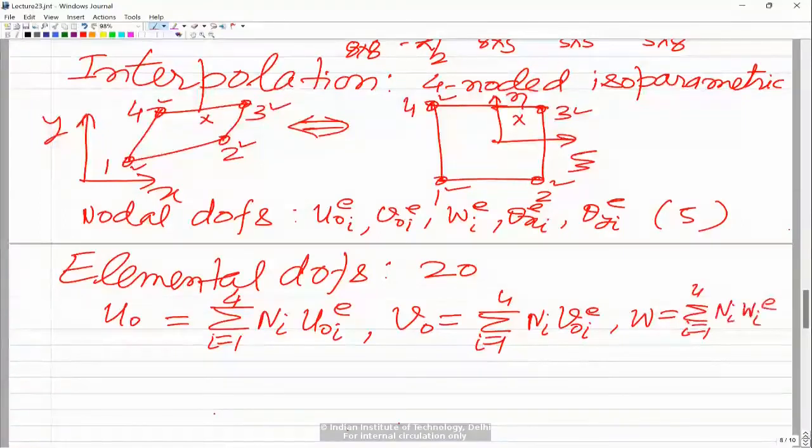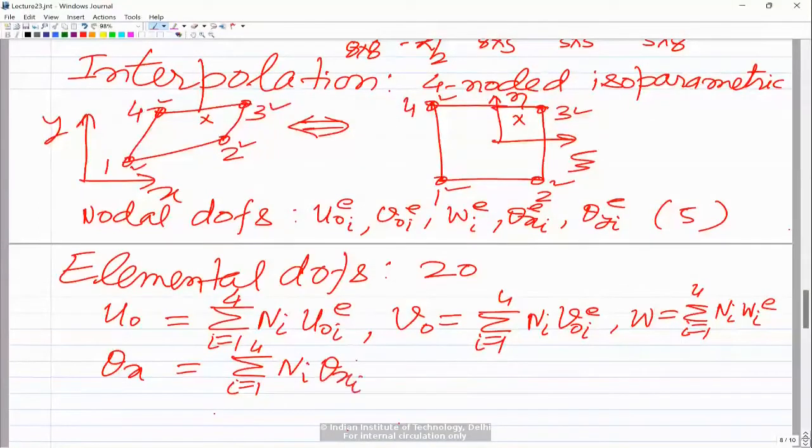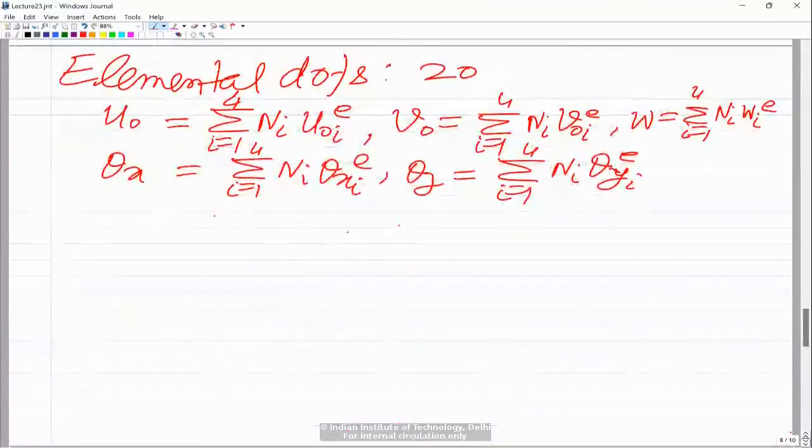Theta x, similarly, all the variables are interpolated exactly in the same manner. So using the same set of shape functions, Ni theta x I e, and theta y would be written as summation I going from 1 to 4 Ni theta y I e. So this is how you interpolate all the variables, and you already know the shape function. So I'm not writing N1, N2, N3, and N4, the interpolation functions for a 4 noded isoparametric element in terms of natural coordinates xi and eta.